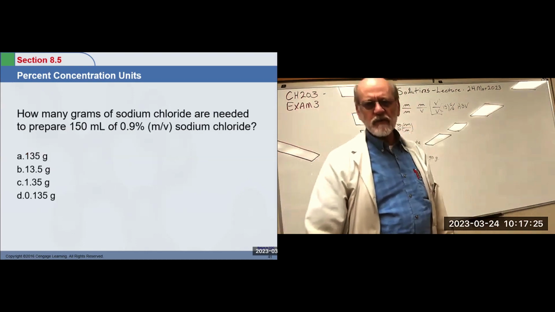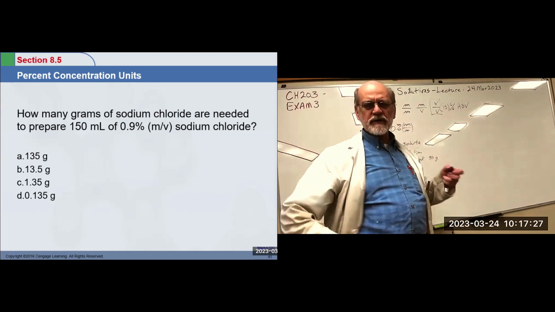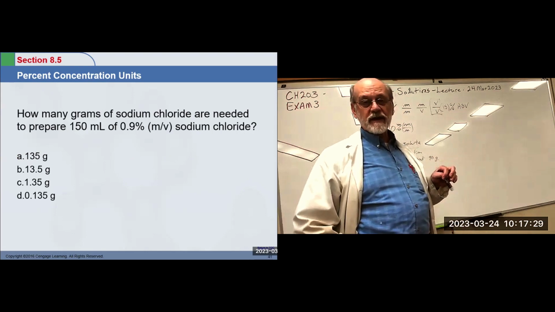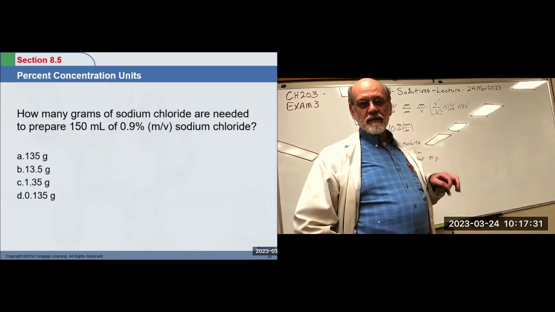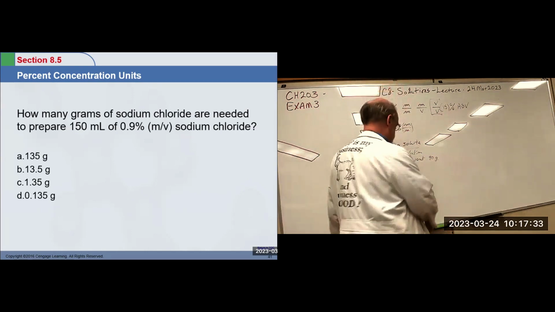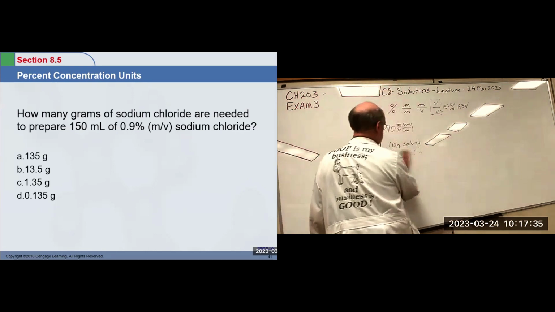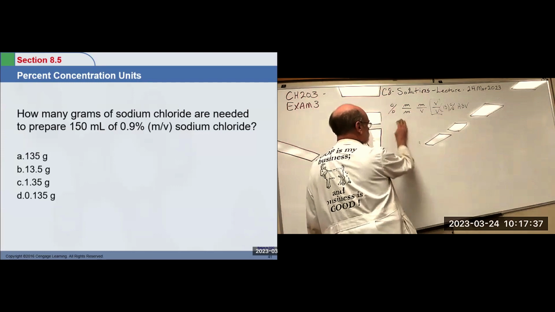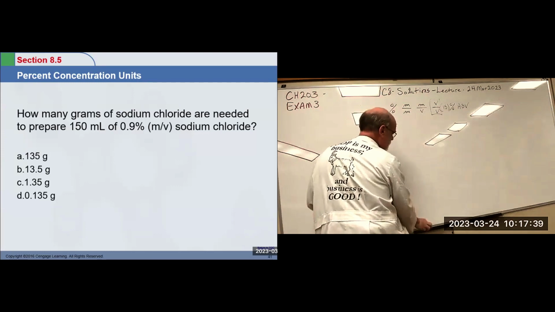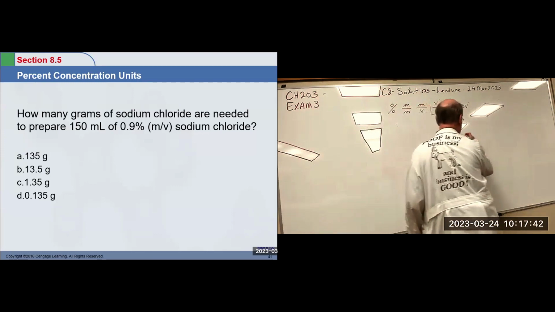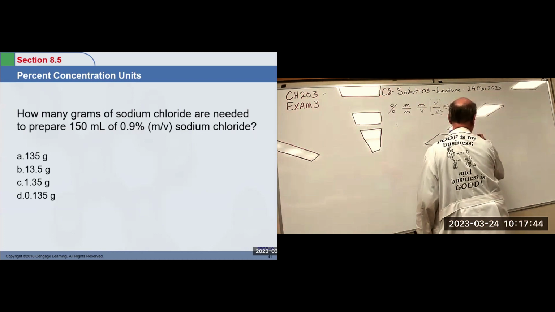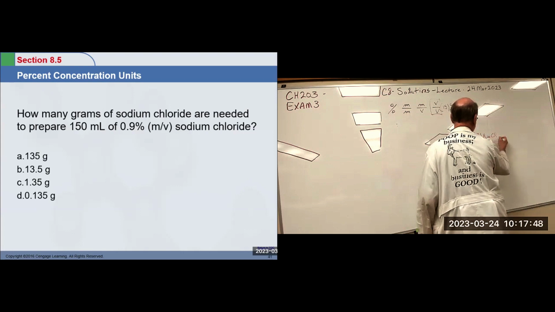How many grams of sodium chloride are needed to prepare 150 milliliters of 0.9% mass volume sodium chloride? Okay, now we have a different expression. We're looking at 0.9%, 0.9% mass volume sodium chloride.